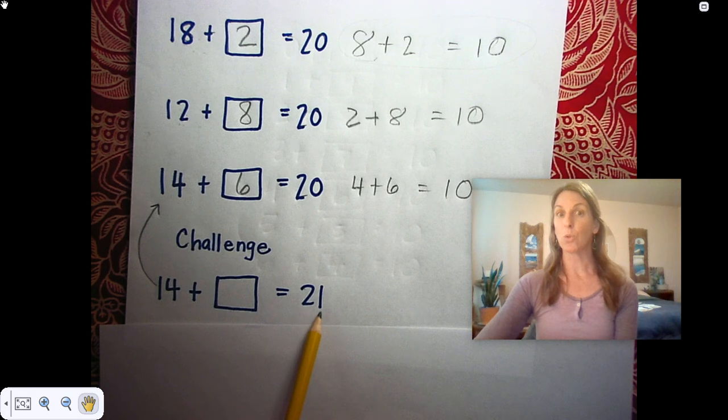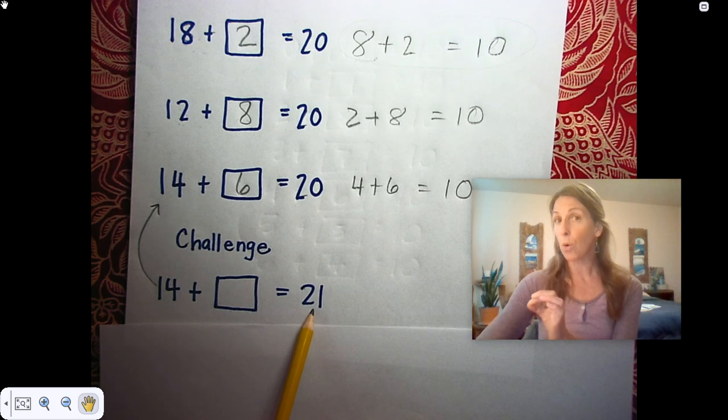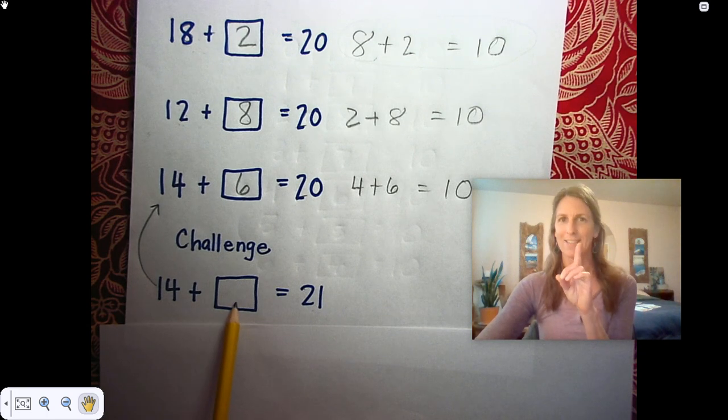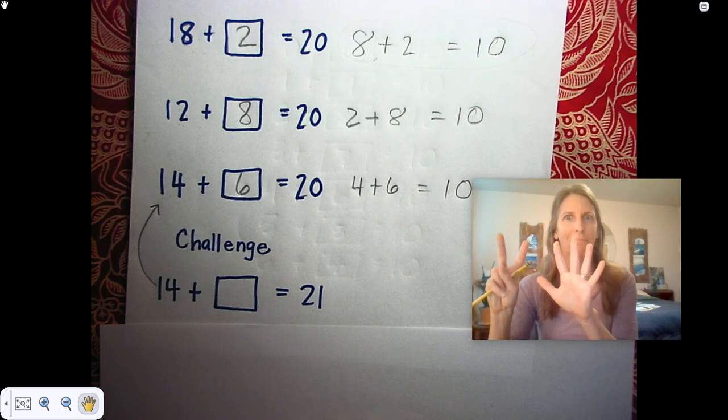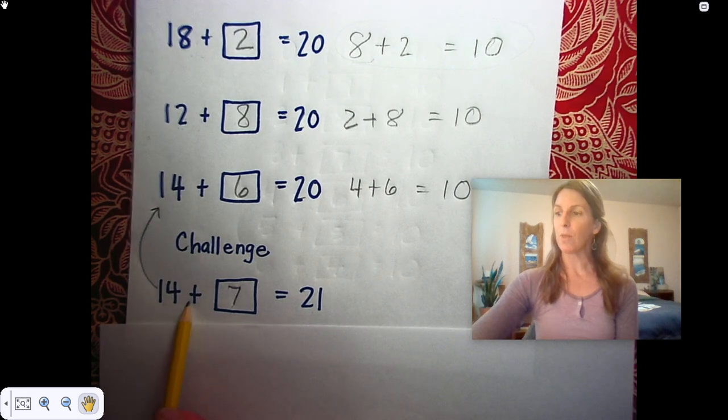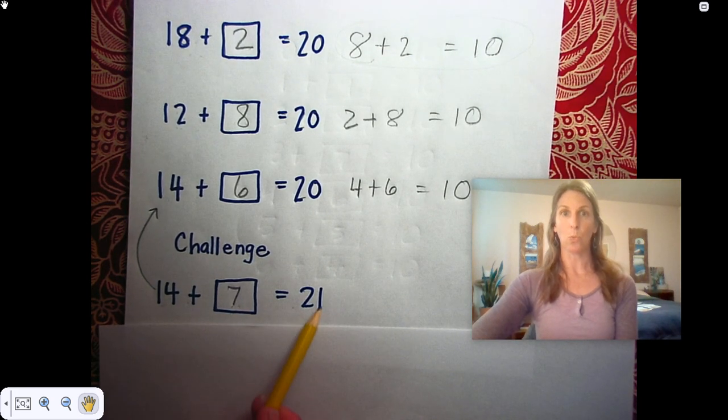But we want to make 21. That's one more. So 14 plus not 6, but one more than 6. 7. Yeah, 7. 14 plus 7 equals 21.